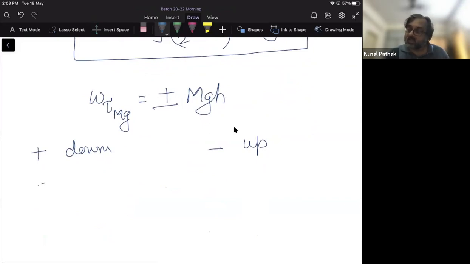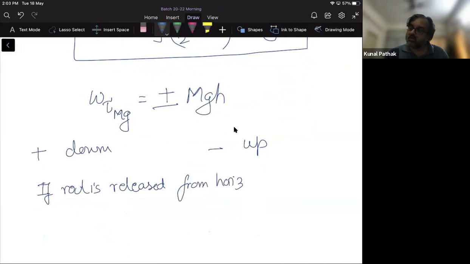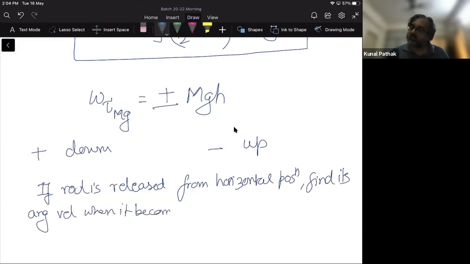So now I can very quickly show you what the second part of the question will look like. I can say that, look, if the rod is released from the horizontal position, then find its angular velocity when it becomes vertical.